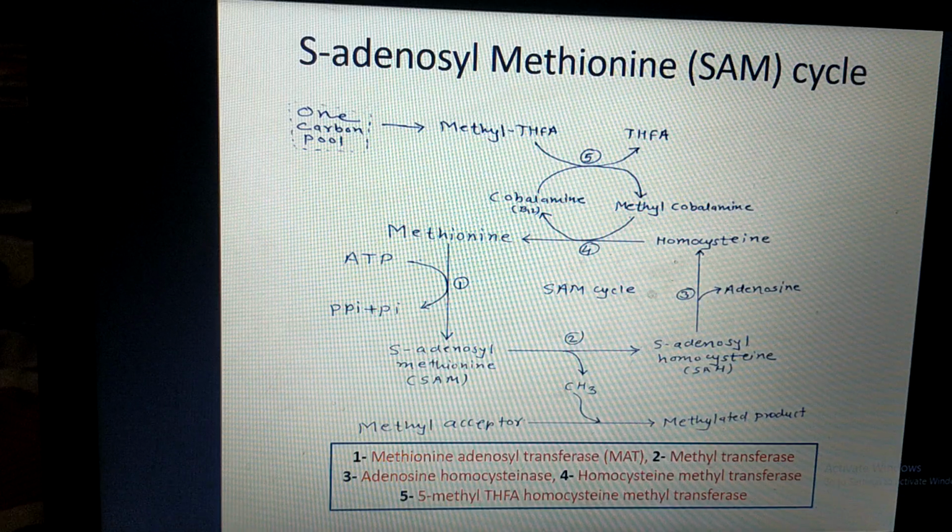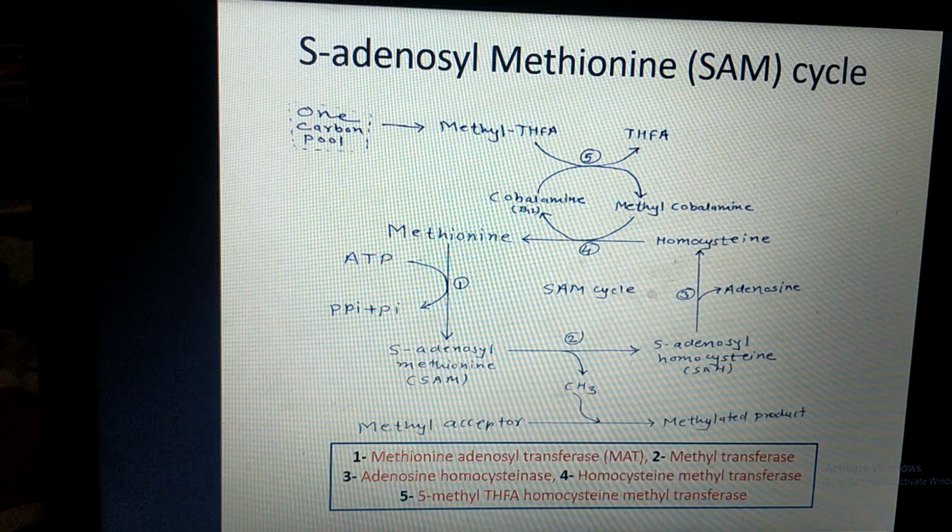Now this homocysteine then combines with a methyl group which is obtained from methyl cobalamin. But actually this methyl group is donated by methyl tetrahydrofolate, and cobalamin is just a mediator. So methyl tetrahydrofolate first donates the methyl group to cobalamin to form methyl cobalamin. This methyl cobalamin then donates the methyl group to homocysteine to regenerate methionine. So in this way the SAM cycle takes place.